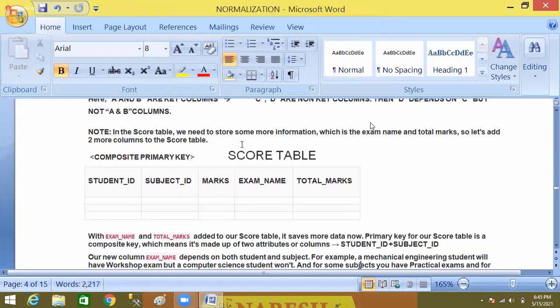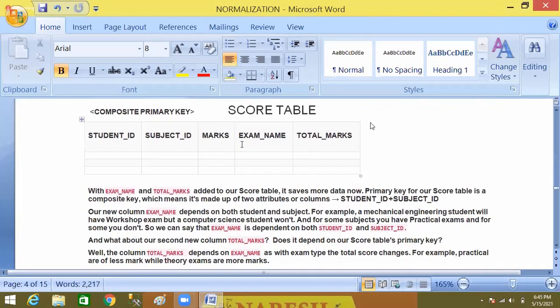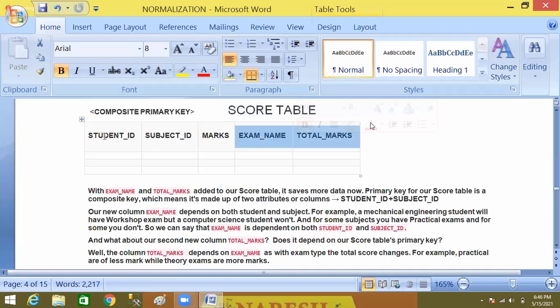Suppose in this table, carefully observe, the score table. In the score table, I'm adding two more columns, examination name and total marks. These are student ID, subject ID, marks, examination name, and total marks. Okay? Right.